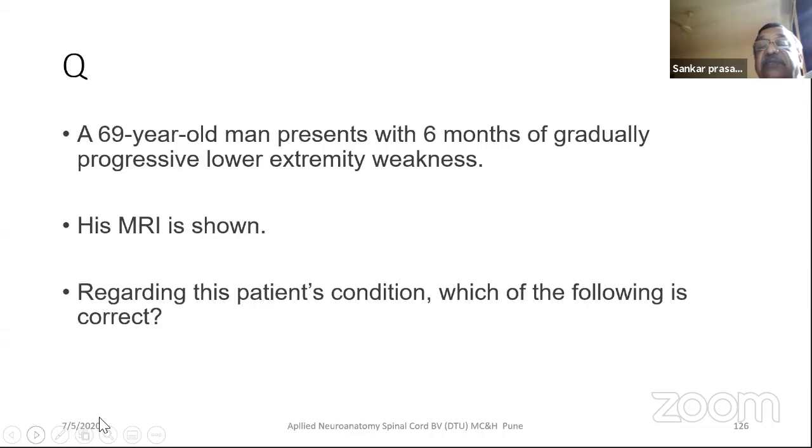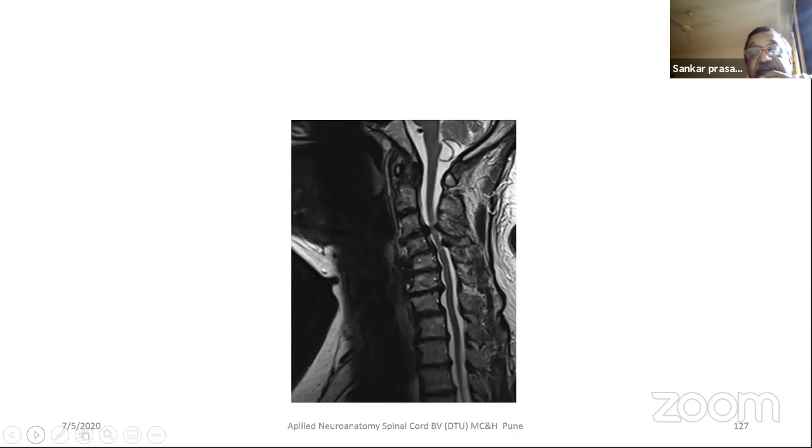A 69-year-old man presents with 6 months of gradually progressive lower extremity weakness. So which of the following is correct? This is a 69-year-old man with 6 months progressive lower extremity weakness, and this is the MRI. What are you saying? There is spondylotic disc prolapse. It is cervical spondylotic myelopathy.